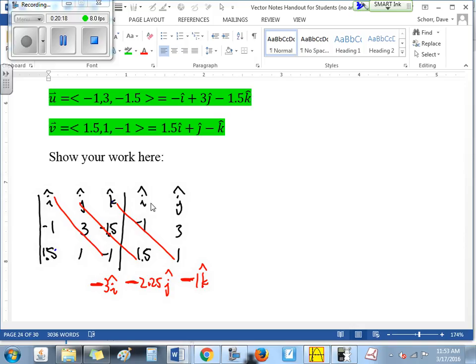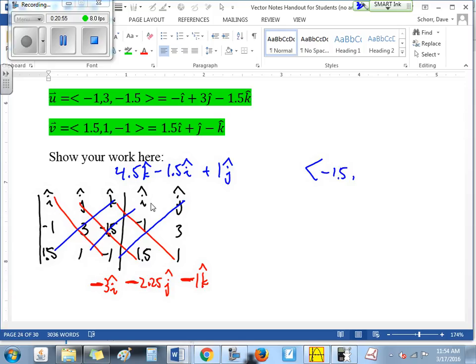And then the other direction is 4.5 k hat, negative 1.5 i hat, and just 1 j hat. So you have your red diagonals, which gives you negative 3 i hat minus 2.25 j hat minus k hat. And then you have your blue diagonals, which gives you 4.5 k hat minus 1.5 i hat plus 1 j hat.